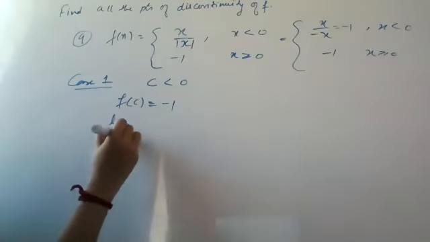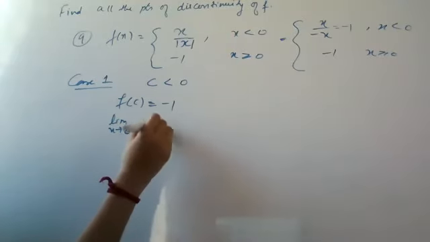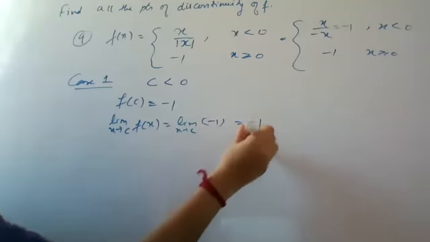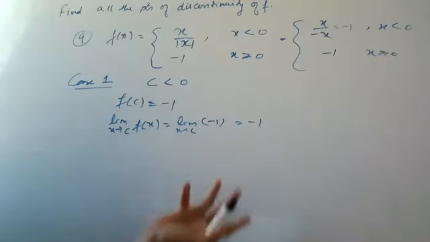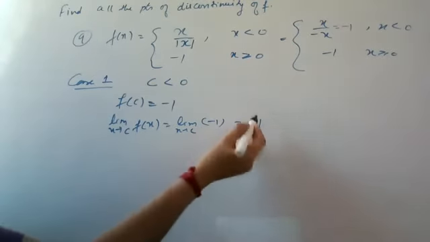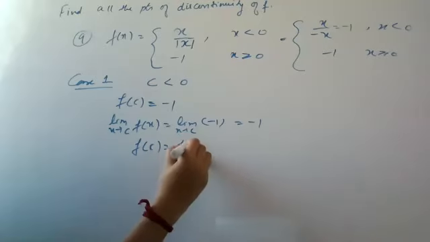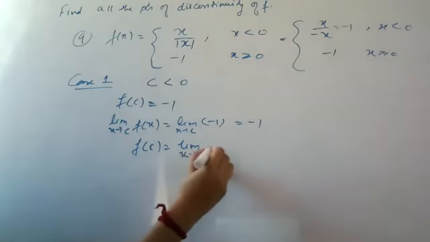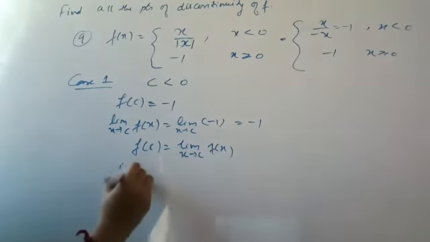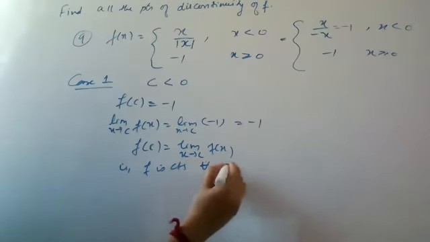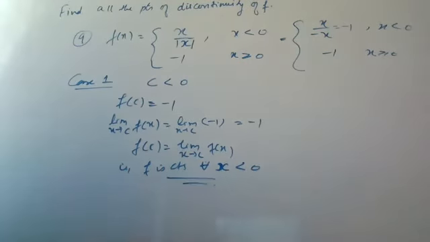And what about the limit x tends to c of f of x? Limit x tends to c of f of x is again -1, because you don't have anything like x. So that only comes here. So f of c is equal to limit x tends to c of f of x. That is, f is continuous for all points which are less than 0, for all x less than 0.